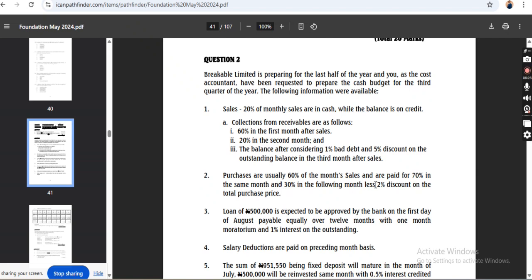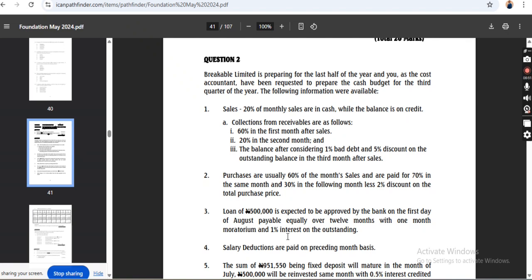Loan, 500,000 is expected to be approved by the bank on the first day of August, payable equally over 12 months with 1 month moratorium, right?